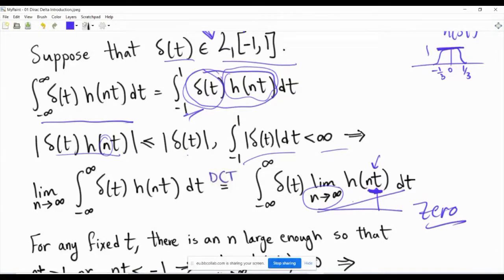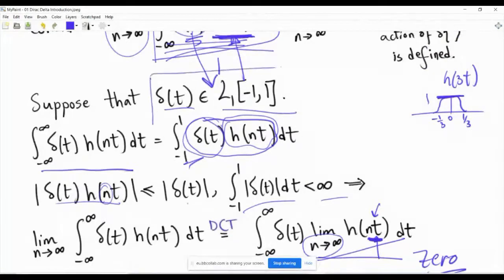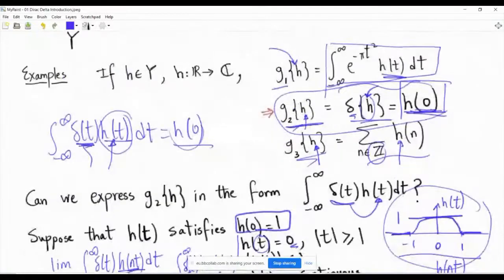So what is the conclusion? This assumption here is false. There is no function in L1 on -1 to 1 that does this effect, which is: you give it a function, and it is integrated with that function to yield the value of the function at the origin.